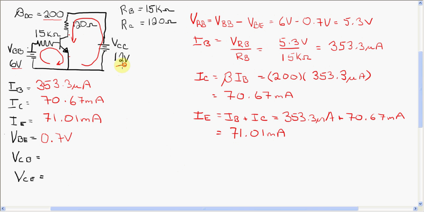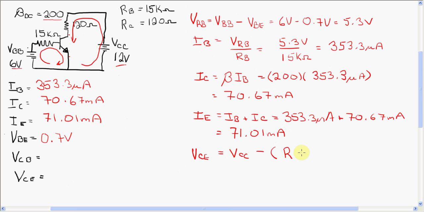There's a 12 volt supply, and that 12 volts has to be divided between RC and the transistor. So VCE, the voltage collector to emitter, is equal to the total voltage available minus whatever's on the resistor.